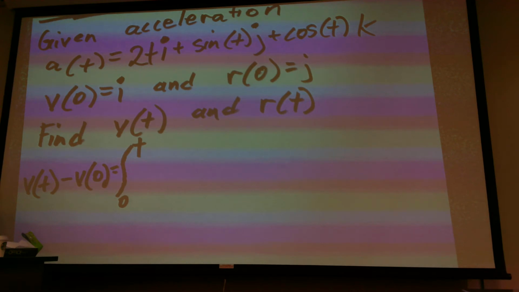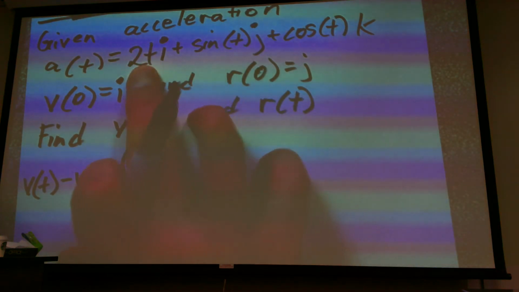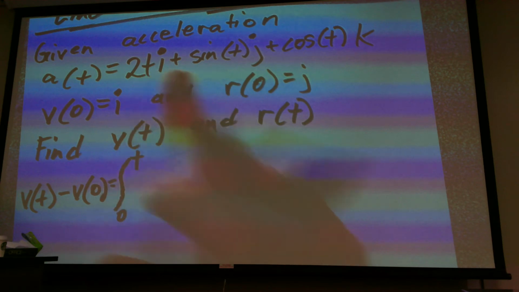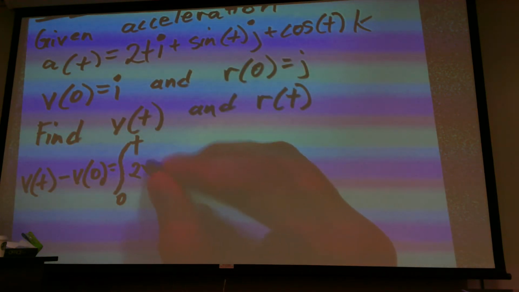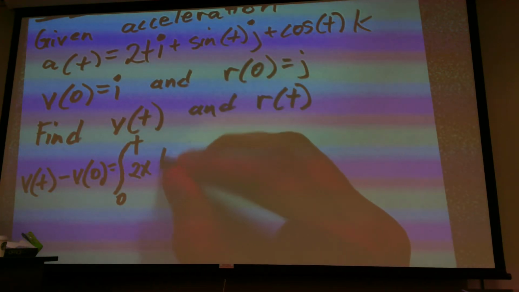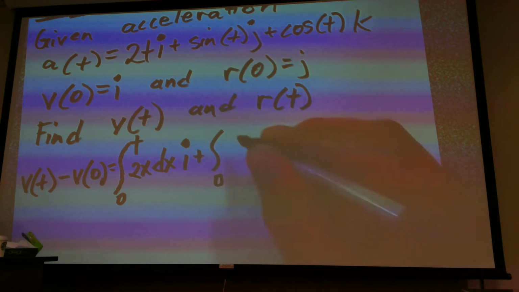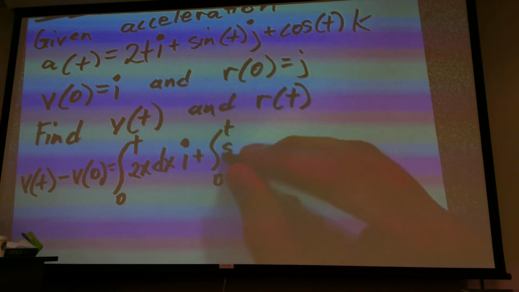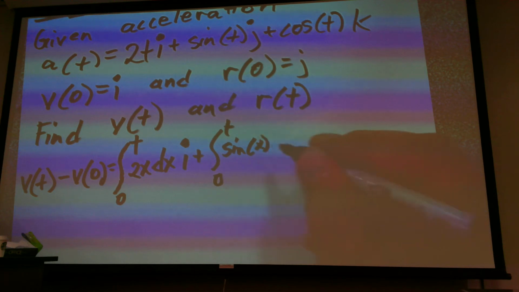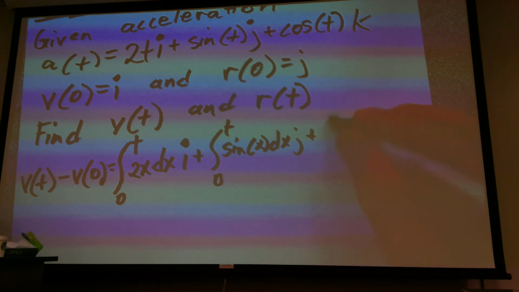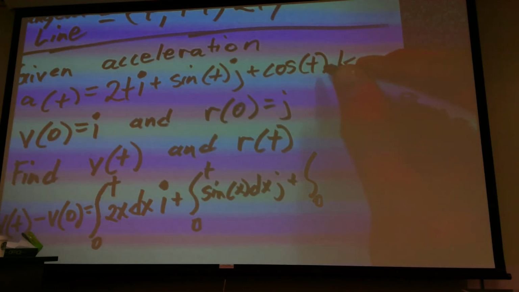And so I'm looking at this right here. I'm going to change that t to an x. That's going to be the integral of 2x with respect to x of i, plus the integral from 0 to t of negative sine of x with respect to x times j, plus the integral from 0... Oh, sorry. I left one portion of the problem out.